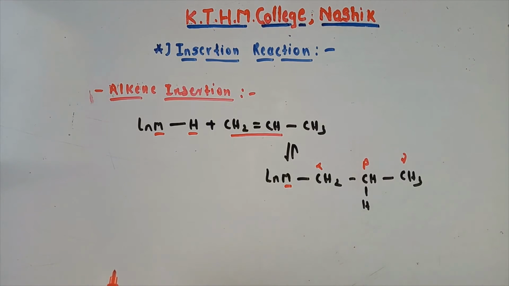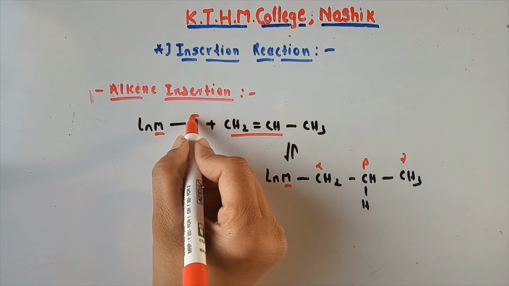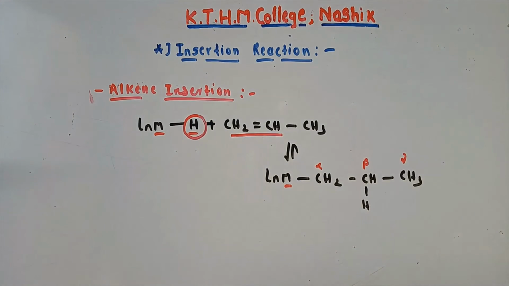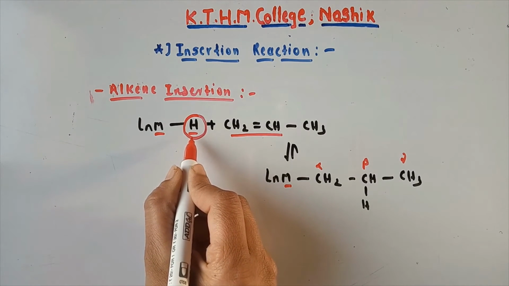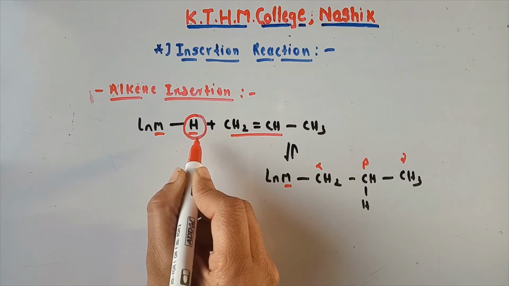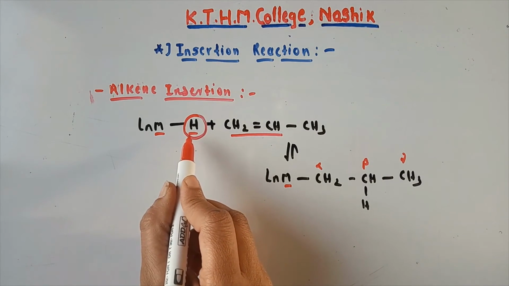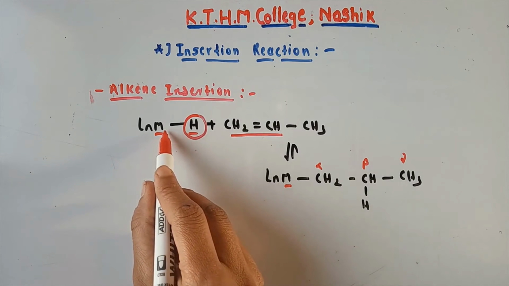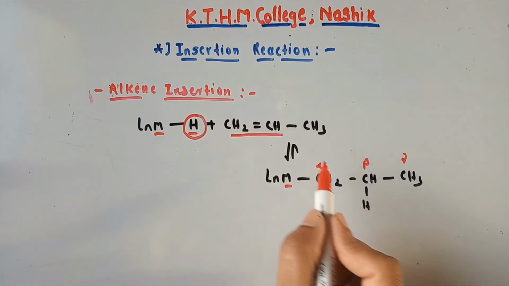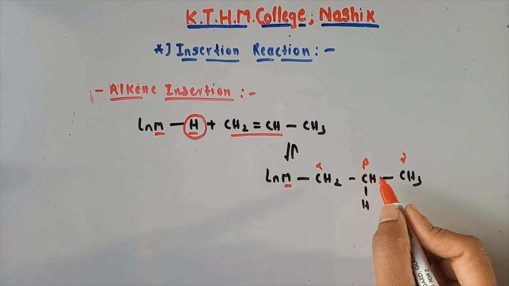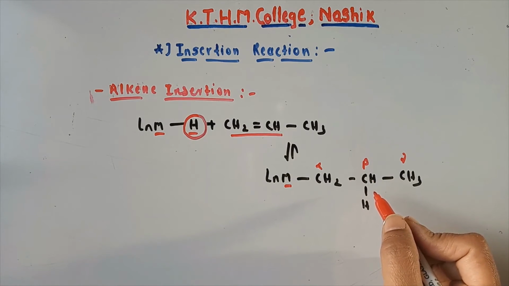What happened here? This reaction involves the transfer of a hydrogen atom from the metal atom to the beta carbon atom of the carbon-carbon double bond. Here is the transfer of the metal hydrogen to the beta carbon.